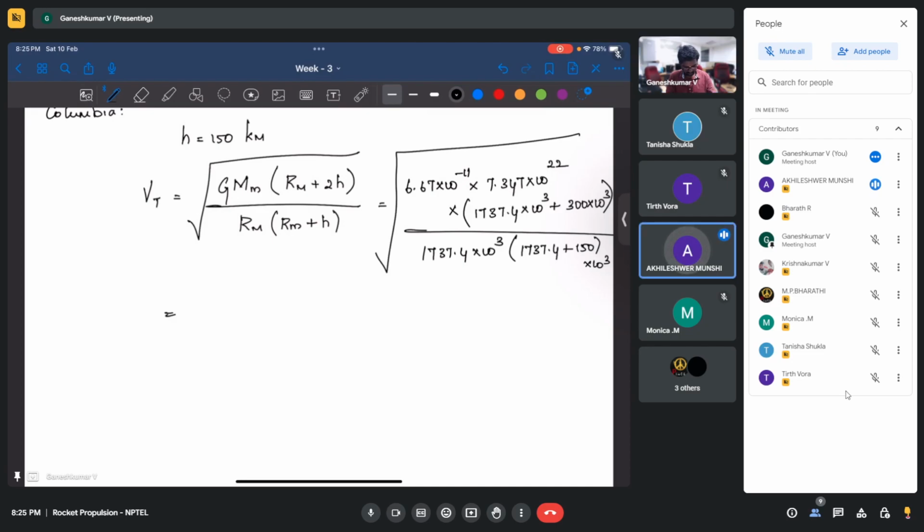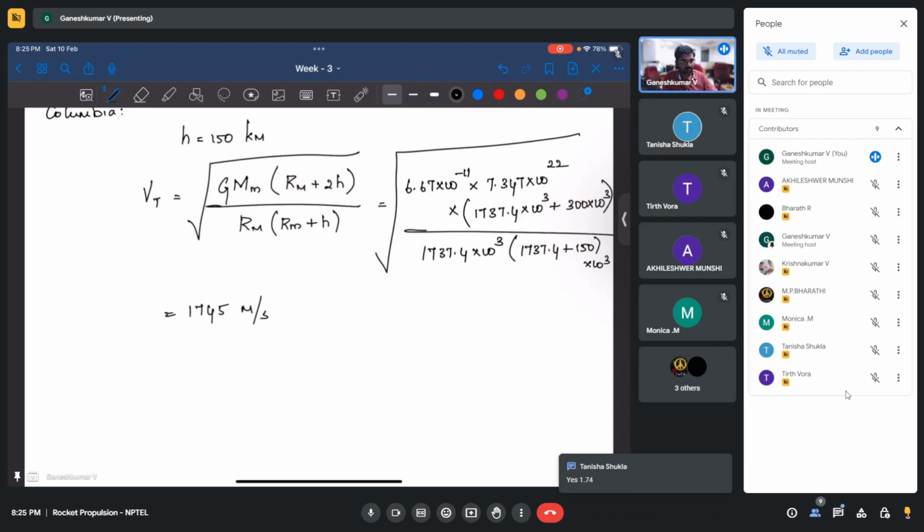So by this I'm getting 1.745 kilometers per second. Okay. Just give me a minute, I will also try to do the calculation. Square root of 1. Yeah, so I'm also getting 1745 meters per second.